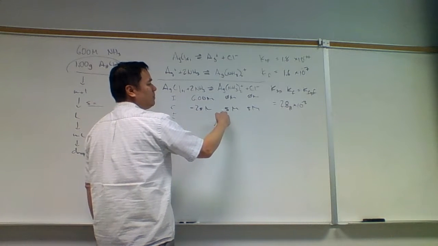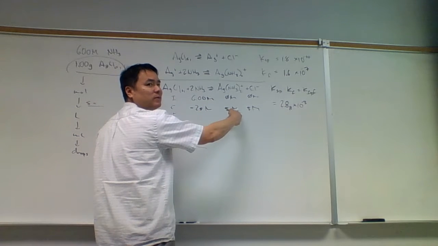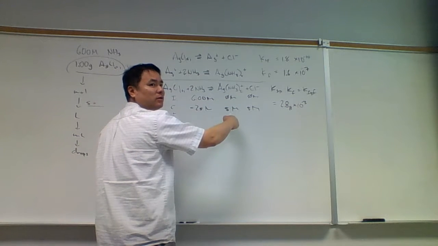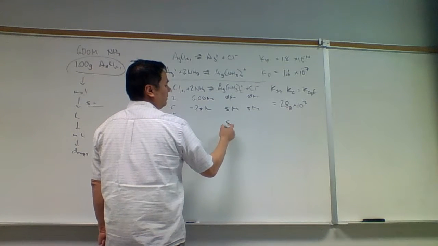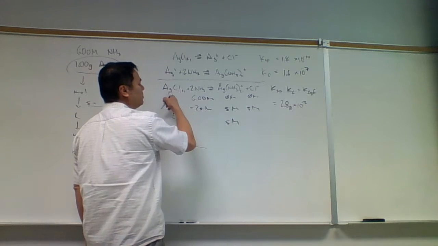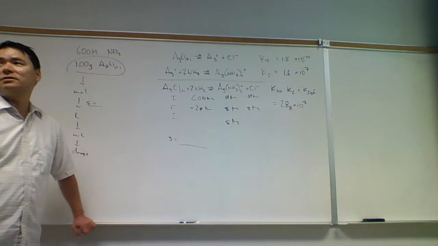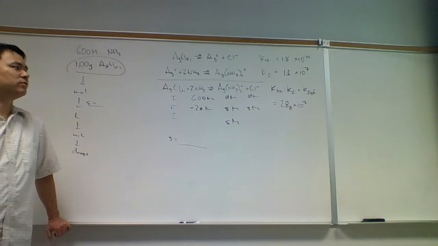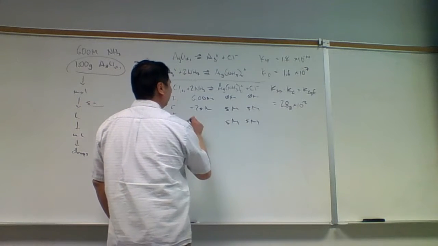And so this is the maximum amount of silver chloride that can dissolve here. When we go from solid to aqueous, it's S. Sometimes we get a 2S, but S is how many moles of silver chloride actually will dissolve. Not necessarily form silver chloride, it's going to form those species, but this is it. S and S.